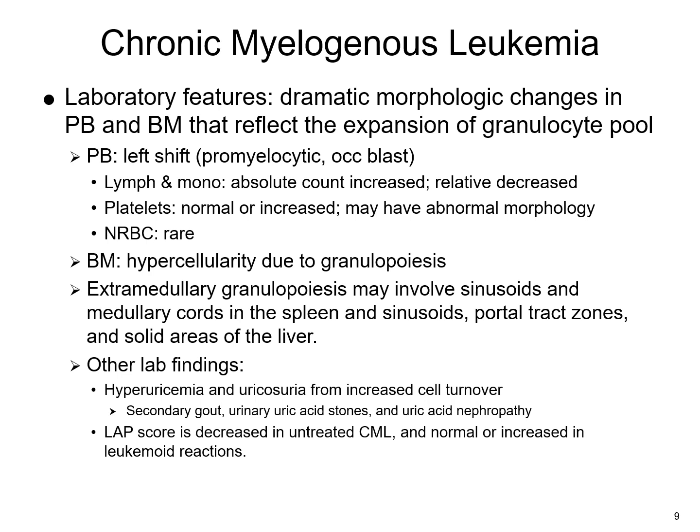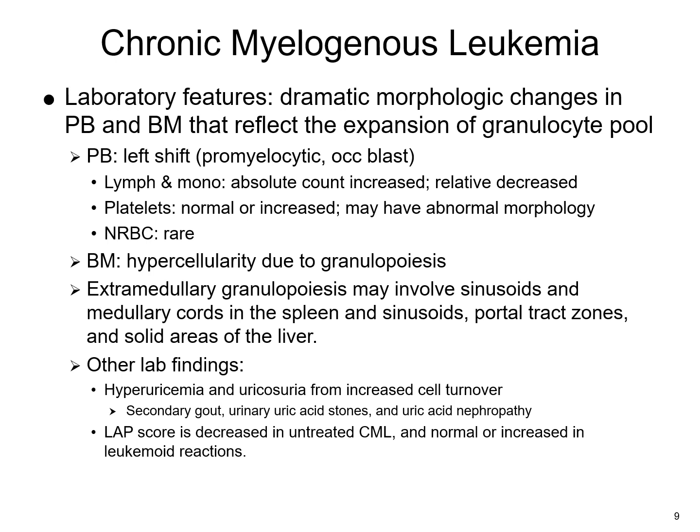The lymphs and monos will have an increased absolute count but a decreased relative count. This is based on the fact that you have so many cells present that, once you break them down in comparison, the lymphs and monos are not affected, because it's primarily going to affect the granulocytic line.